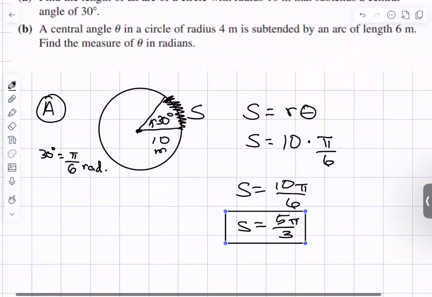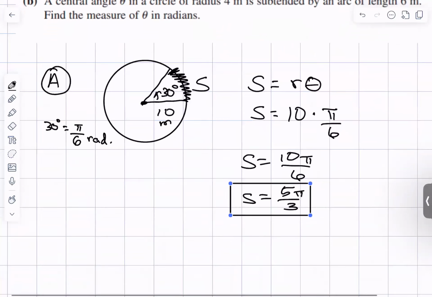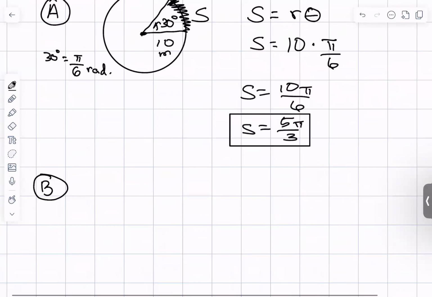So part B, it says a central angle theta in the circle of radius 4. So you have a radius of 4. Let me draw that out.